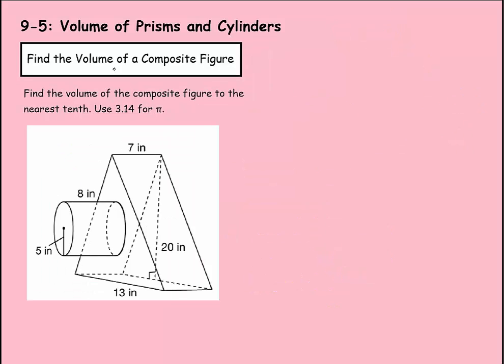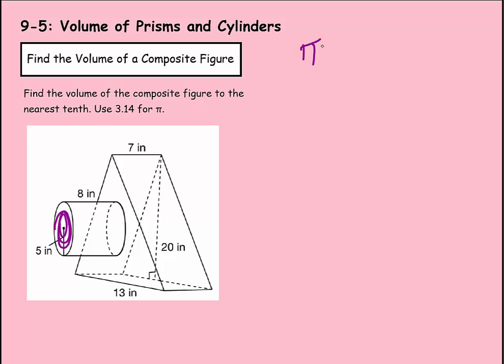Now we need to find the volume of a composite figure. It says find the volume of this figure to the nearest tenth. Use 3.14 for pi. It's a composite figure because I have a triangular prism here, and I have a cylinder here. So we could find the area of either one first and then add them together. So first, if we do this cylinder, well, the base of this cylinder has a radius of 5 inches.